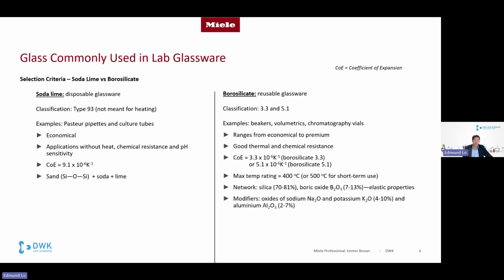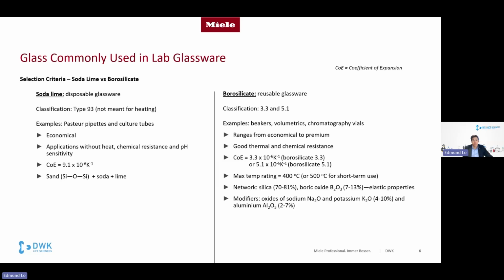And then on the right-hand side of the slide are some bullet points on borosilicate glass. So borosilicate glass, unlike soda lime glass, is more robust. It tends to be the preferred material for most laboratory glassware, used to manufacture a wide range of products, including beakers, volumetric flasks, and chromatography vials.